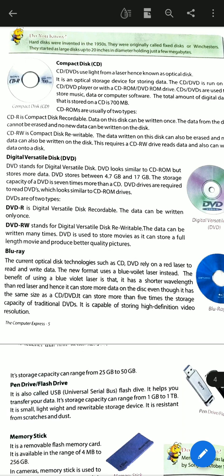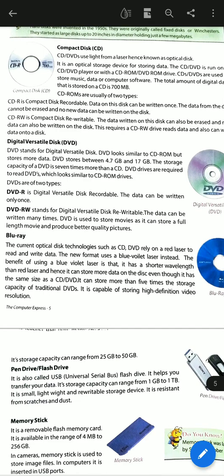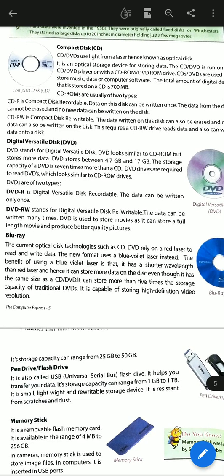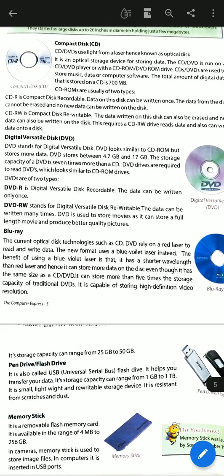DVD stores between 4.7 GB and 17 GB. The storage capacity of DVD is 7 times more than a CD.